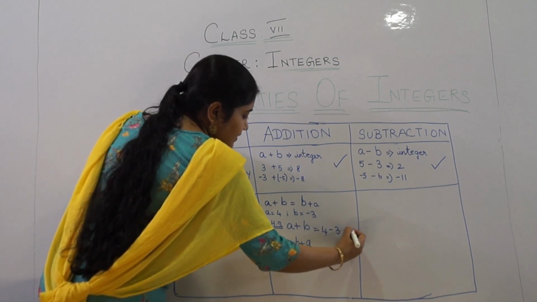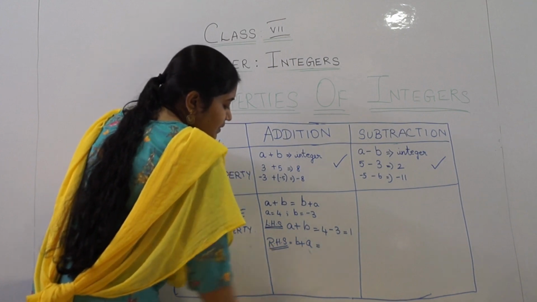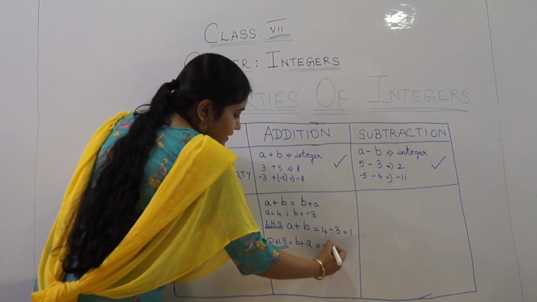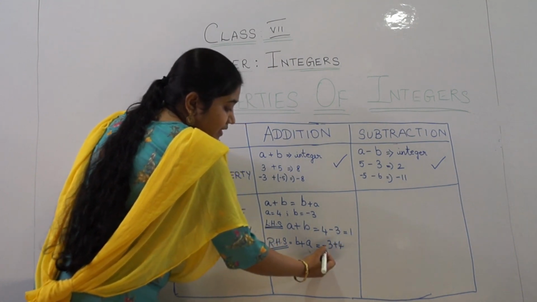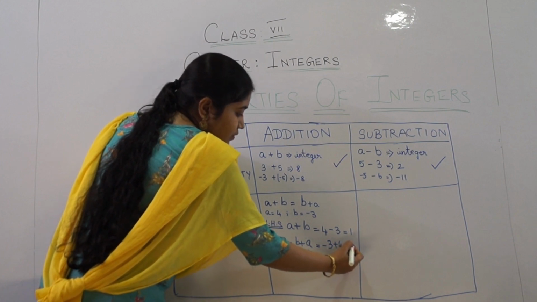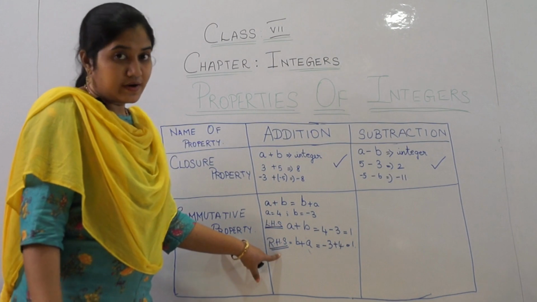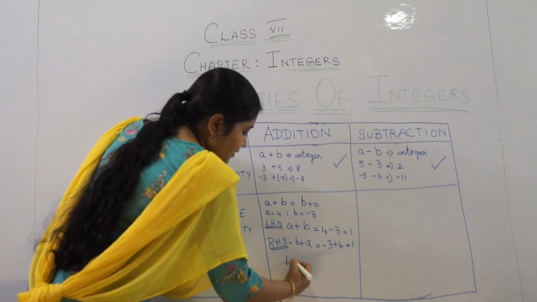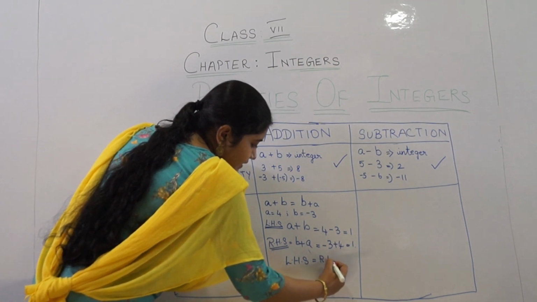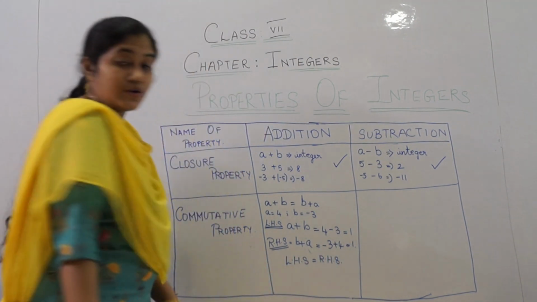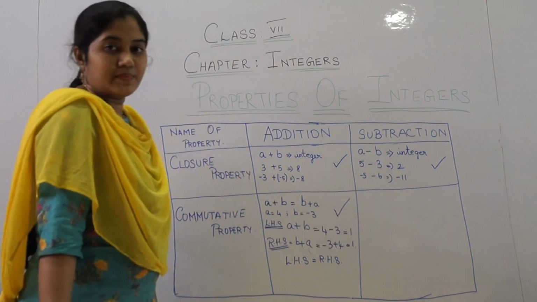So the answer is 1. Now b plus a. It is minus 3, which is b, plus 4, that is a. So minus 3 plus 4 is equal to 1. So my left hand side is equal to my right hand side. So shall we conclude by saying that this commutative property holds good for addition?